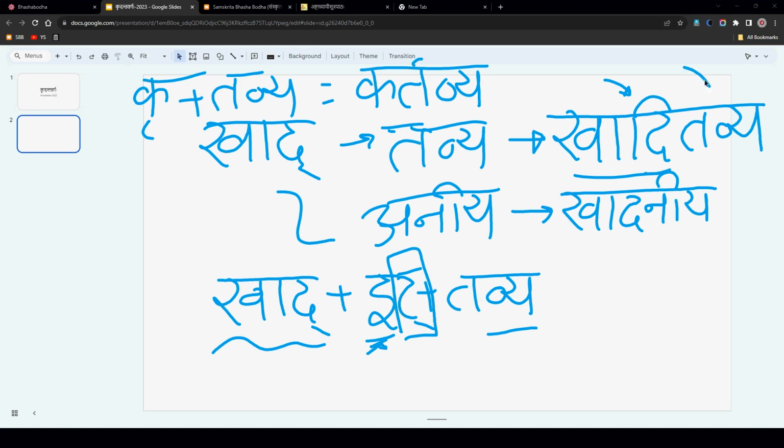So only in the case of tavya or tavyat, E comes in between for some dhatus, whereas for aniya, E is not coming in between in any case for any dhatu. So that is enough to know today. In the next class, I can go a little deeper into where E comes and where E doesn't come.